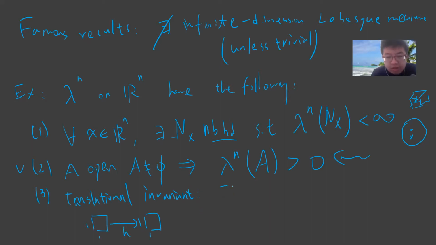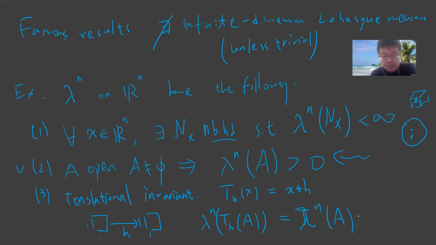Let's say I define T_h x to be x plus h in R^n, which means that for any set A, taking the Lebesgue measure lambda n, T_h(A) will have the same area, the same volume, for every h. This is a common property.